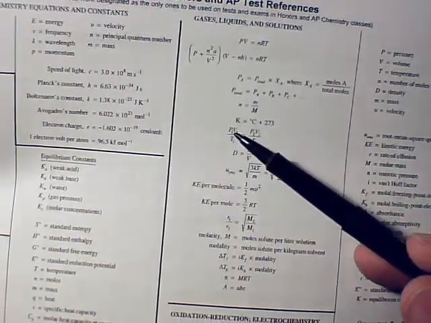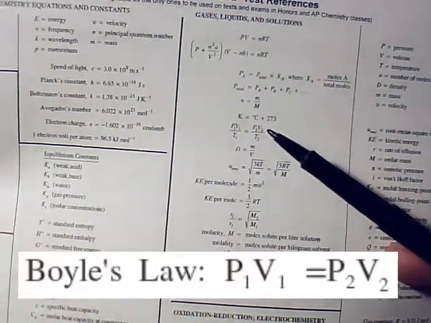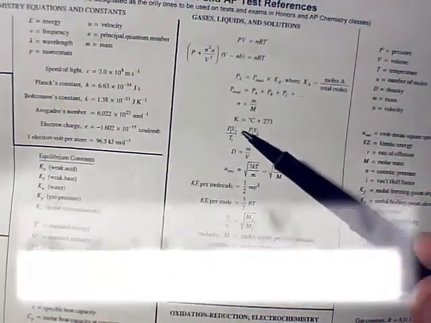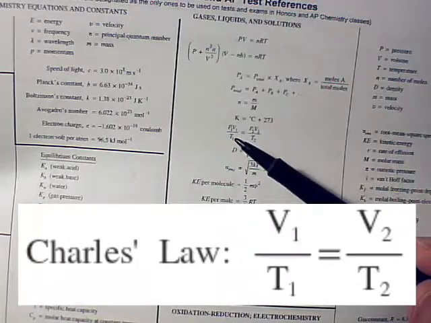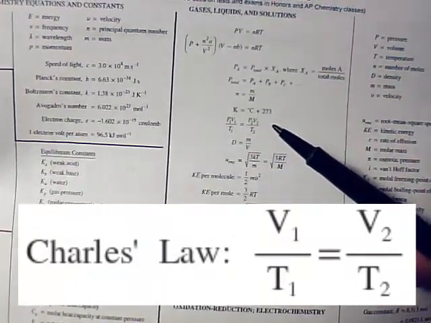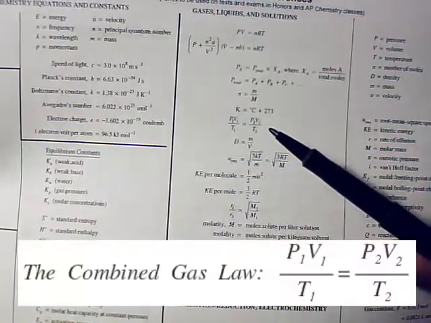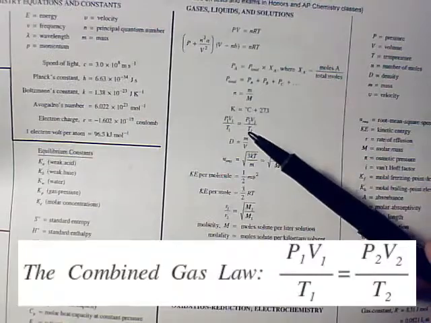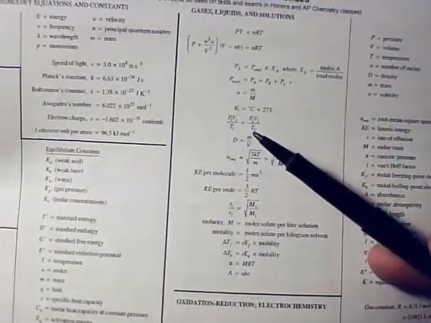And so what you have is just P1 V1 equals P2 V2, and there's Boyle's law. If the pressure doesn't change, you can drop the pressure, and you've got V1 over T1 equals V2 over T2, and that's Charles' law. Okay? So while all three equations aren't there, they're kind of all there, aren't they? Does that make sense? If it doesn't change, you just don't include it in the equation.